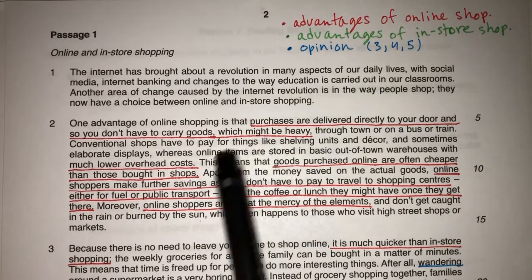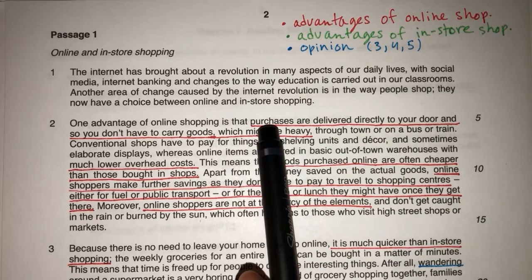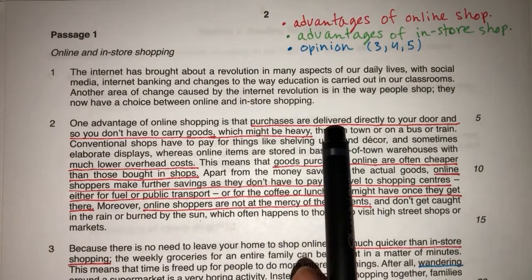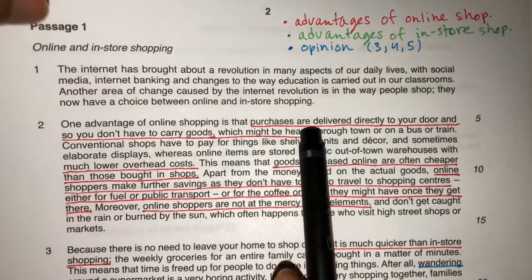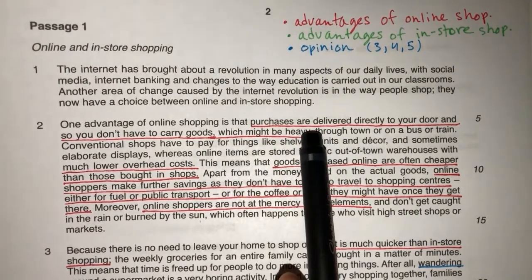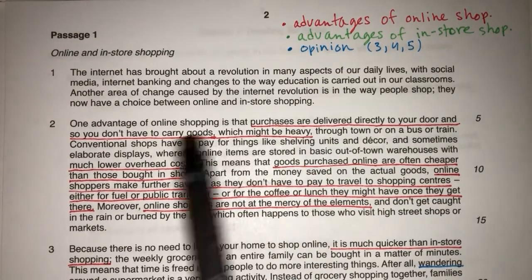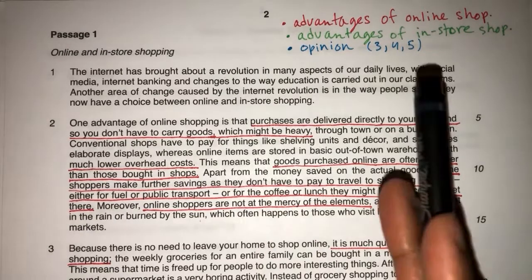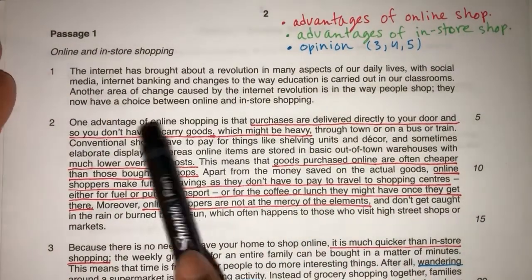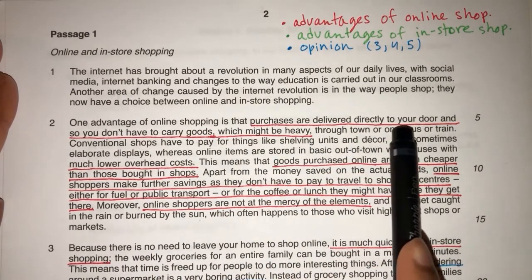Okay, and you can also try to be wise with your underlining and make sure that you just be very brief with what you underline, because remember that in question 1A, we're asked to use bullet points. So we don't want really long facts. We want them to be short and precise. Okay, so advantage of online shopping, purchases are delivered directly to your door.